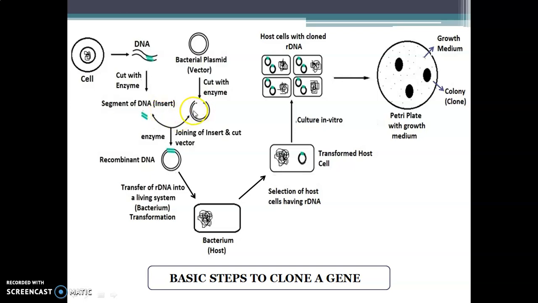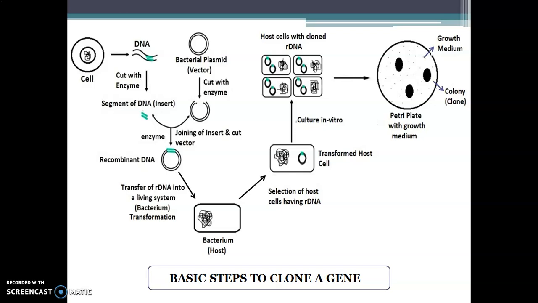If the joining happens between those two components, what results is called a recombinant DNA. This recombinant DNA is containing two components. One is the plasmid, the vector, and the second one is the gene of interest.